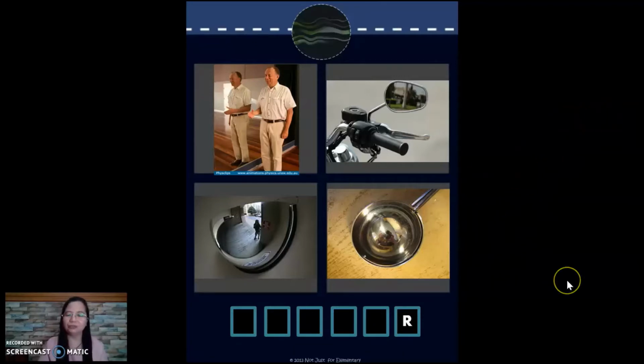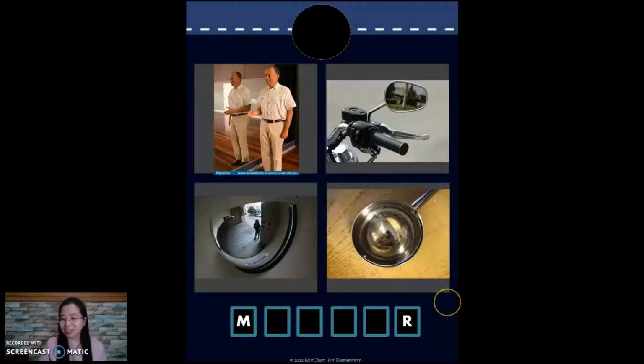I'll give you 5 seconds and it starts now. Any guess? You have the letter M. So the word starts with M and ends with R. What word could that be?